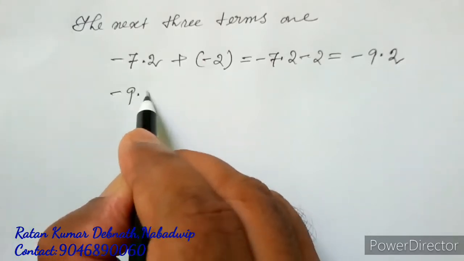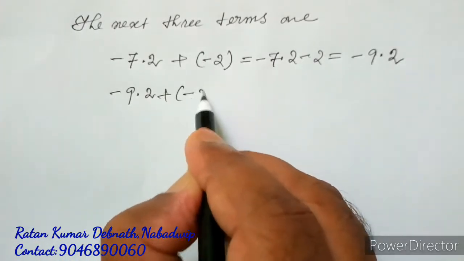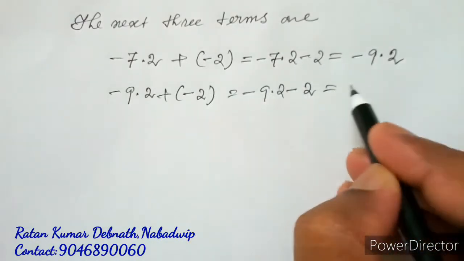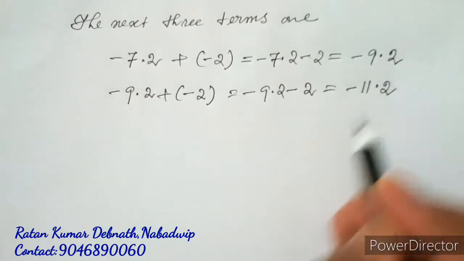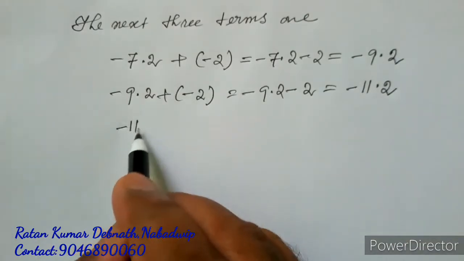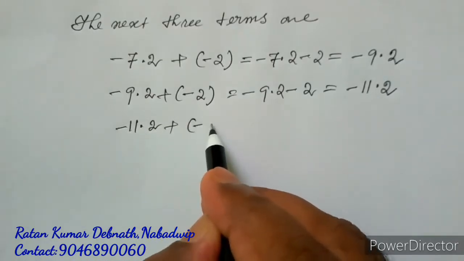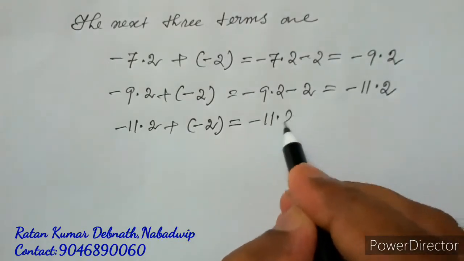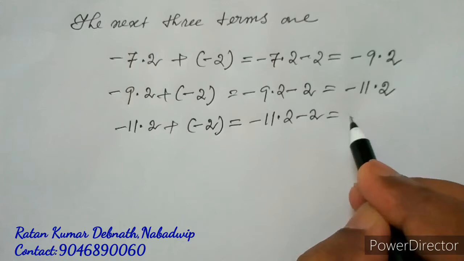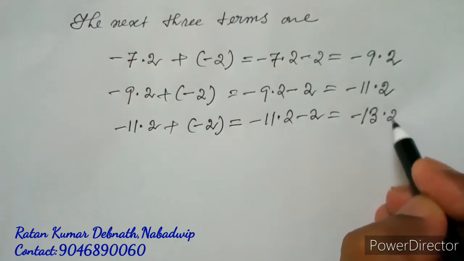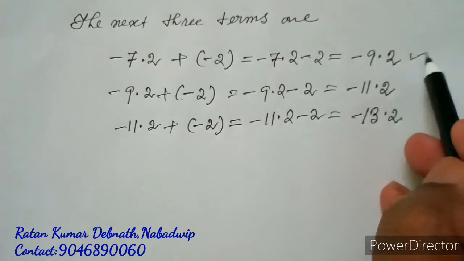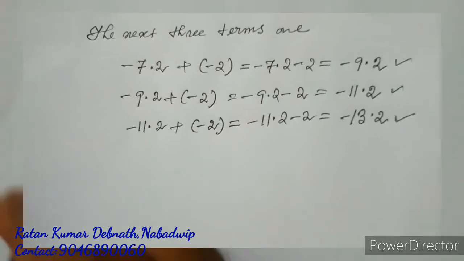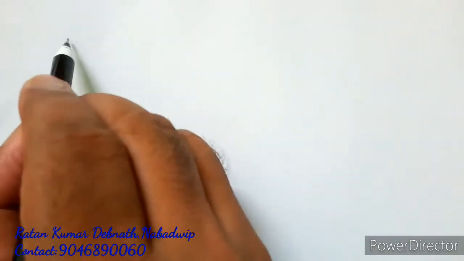Next, minus 9.2 plus of minus 2, minus 9.2 minus 2, minus 11.2. Next number, minus 11.2 plus the common difference, that is minus 2, results in minus 11.2 minus 2 equals minus 13.2. These are the next three terms of that AP series.